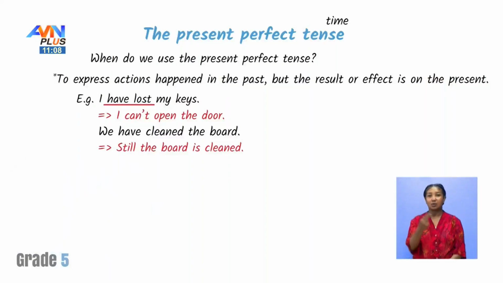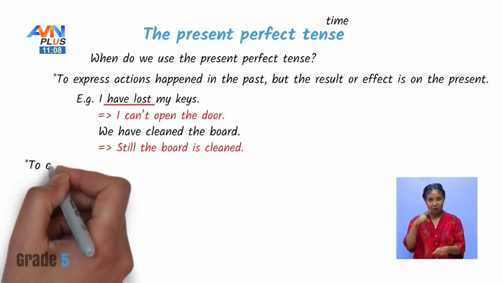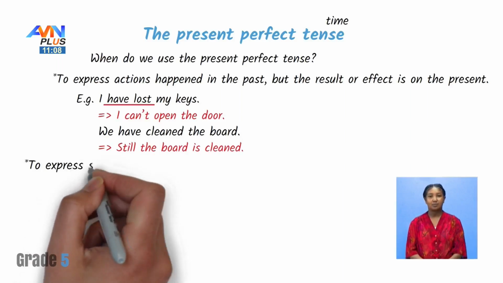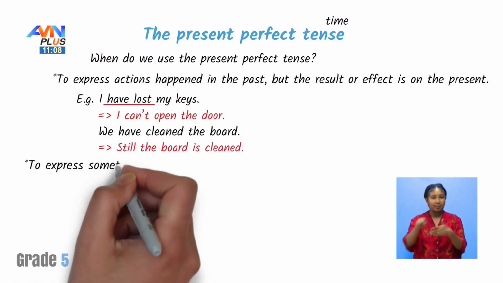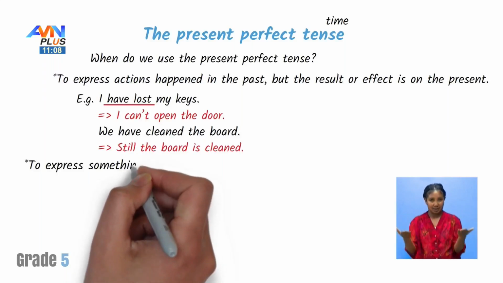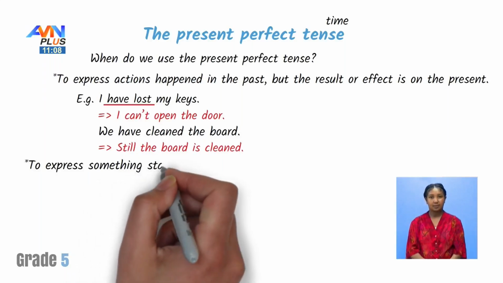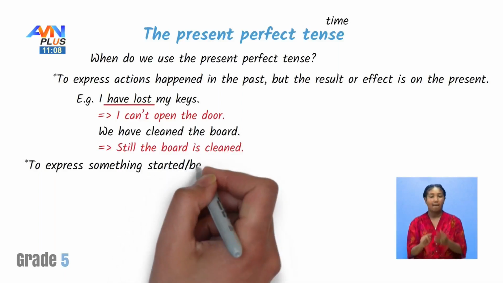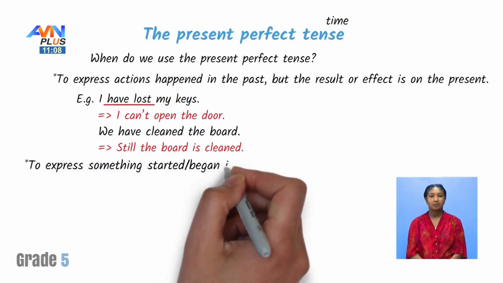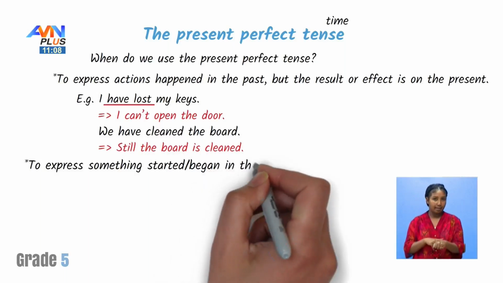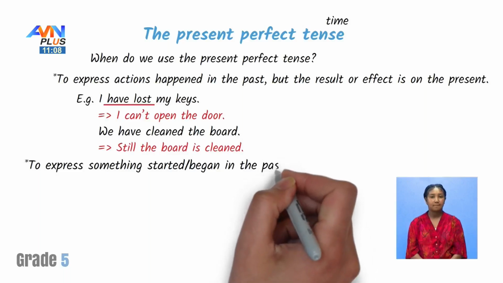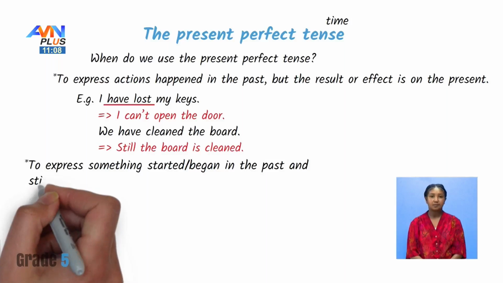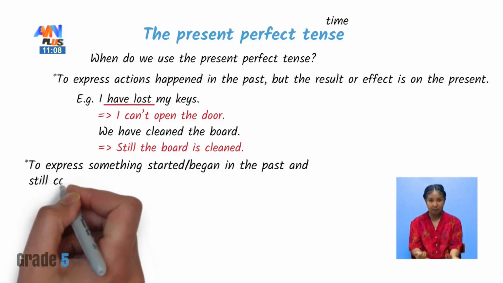So what about another point here? We can use present perfect tense for another purpose. One, and the second one is to express or maybe to talk about something started or began in the past and still continue.